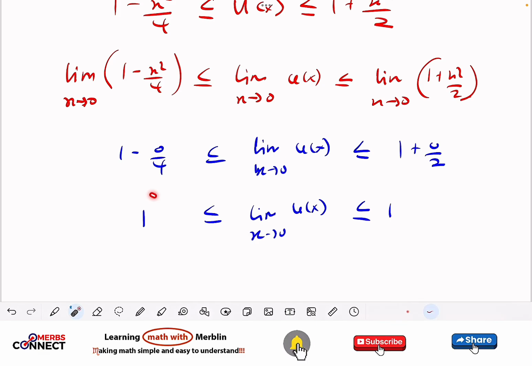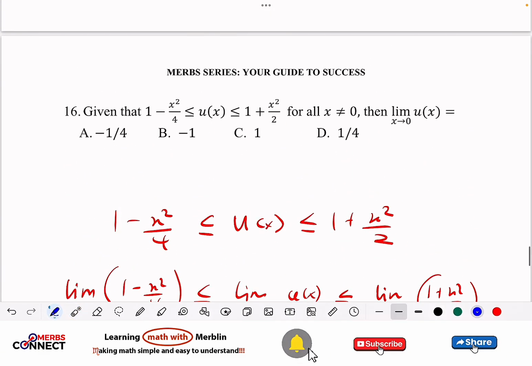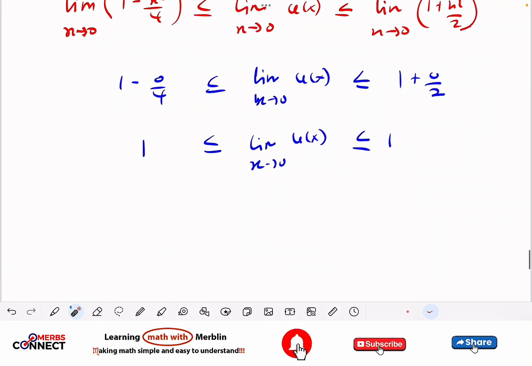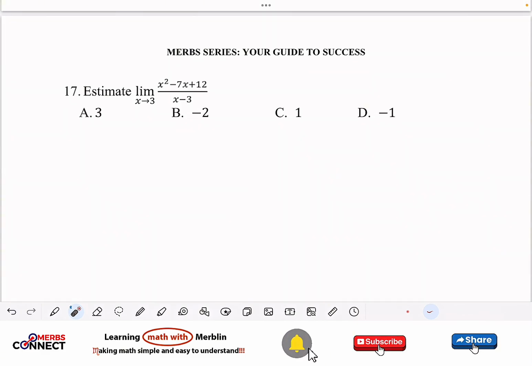Since the left is 1 and the right is 1, the limit is 1. So you can't even decide not to solve this one: plug in 0 here and 0 here, left is 1, right is 1, so the answer is 1. That is the squeeze theorem, and this is how you can solve objective questions very fast. Now I'll leave this one for you to do.